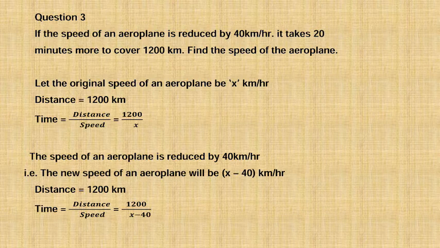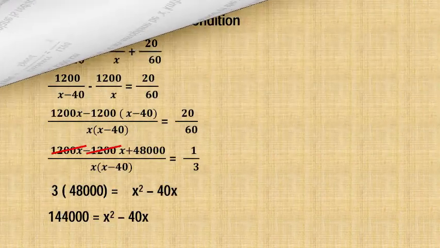So that is represented as x minus 40. How to represent the time after the speed is reduced? That is 1200 by x minus 40. Now we have got the time taken by an aeroplane with the original speed and time taken by an aeroplane when speed is reduced. Move to the next slide.